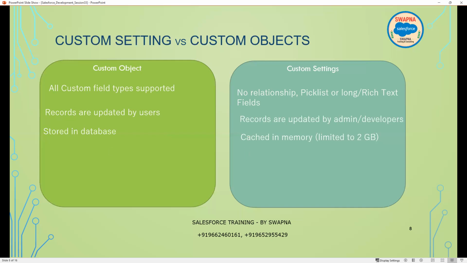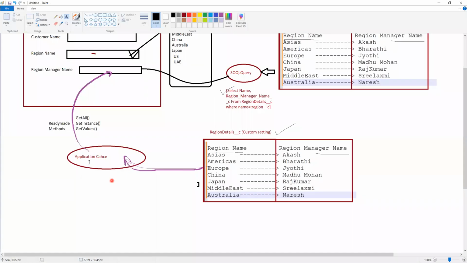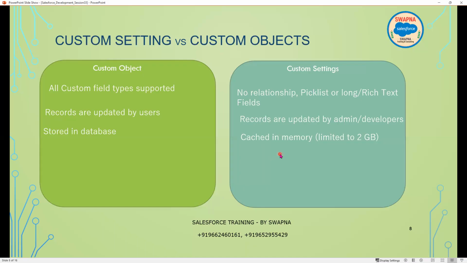In a developer edition we have a maximum of 2 GB, but in unlimited, a maximum of 10 MB.